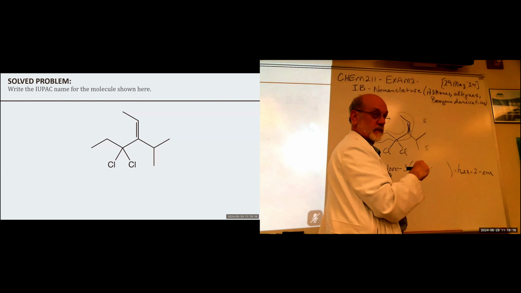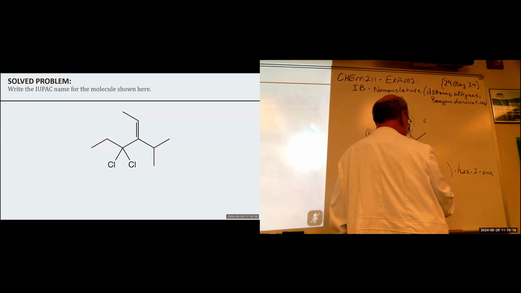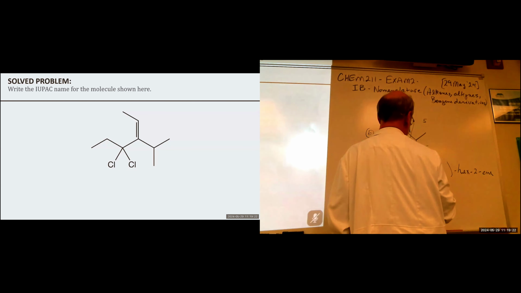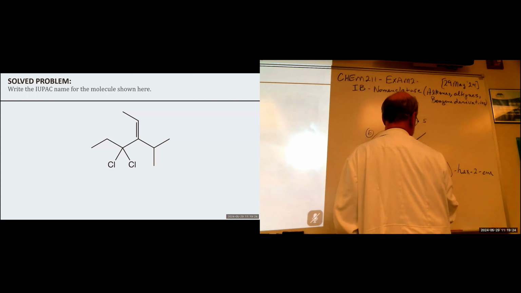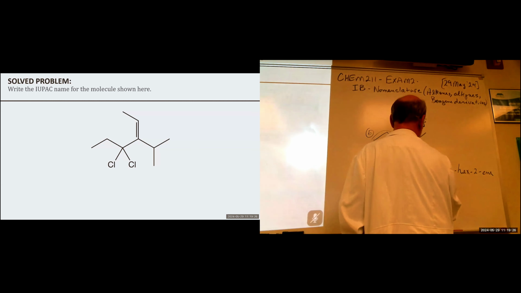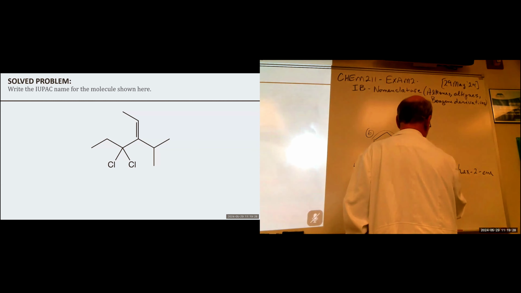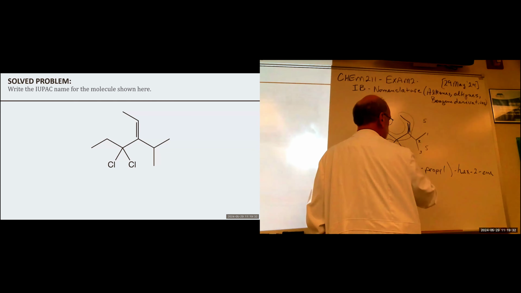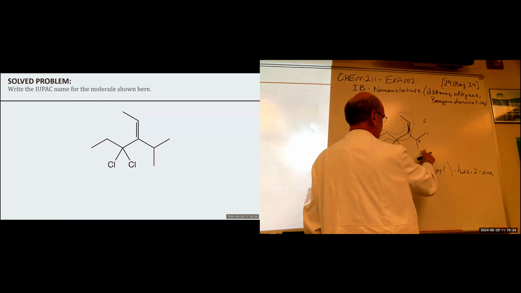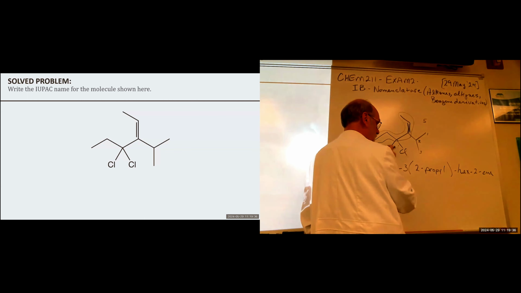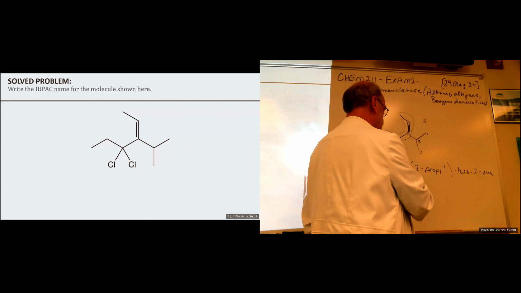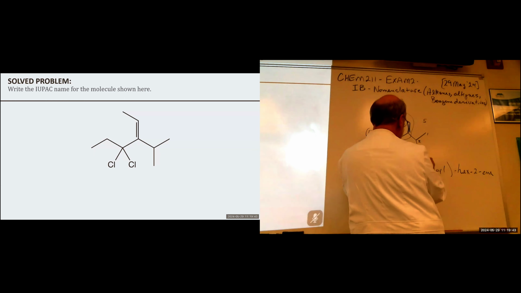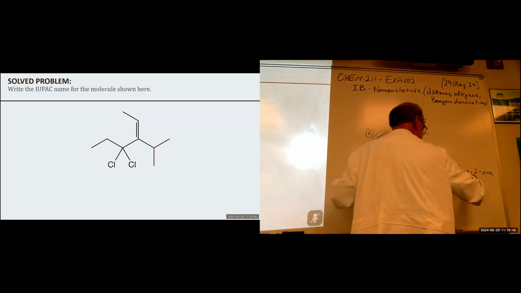That's a propyl group. Okay, so how is the propyl group attached? It's attached on the 2 carbon. That's 2-propyl. Wait, where's the 2 carbon? This is 1, 2, 3. Oh, so we're counting a brand new chain. Yes, that's why I put it in parentheses. Whatever is in here is attached at the 3rd carbon on this parent.